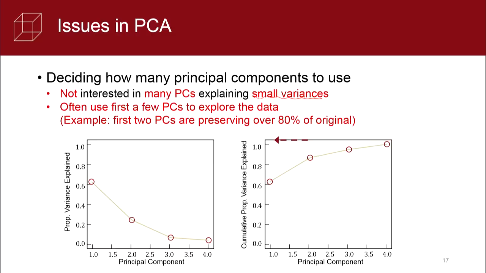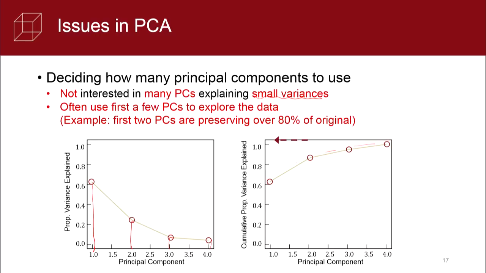So let's take a look at this example. Let's say the first principal component explains around 60% of the variance of the original data, and the second principal component explains around 20% of the data distribution, and so on. This is the cumulative representation.